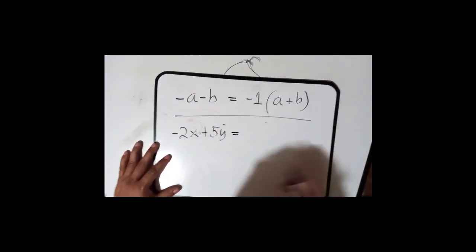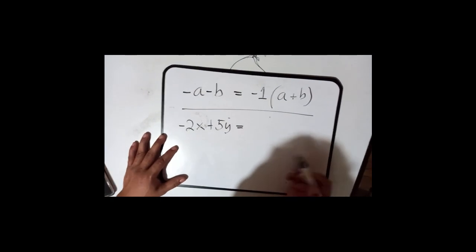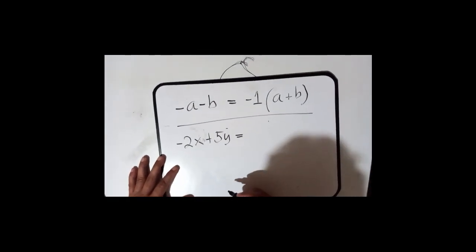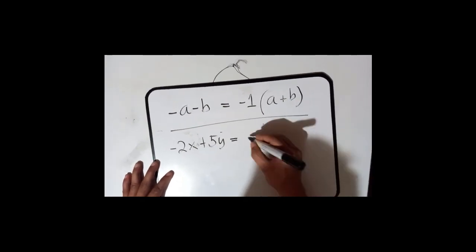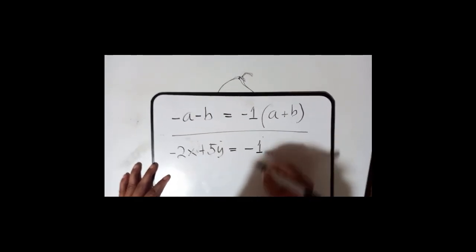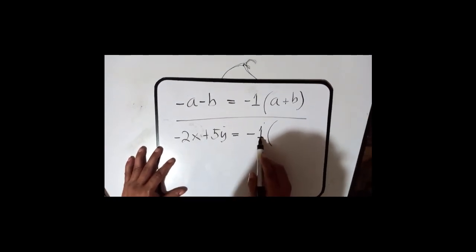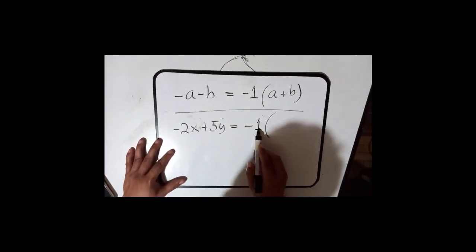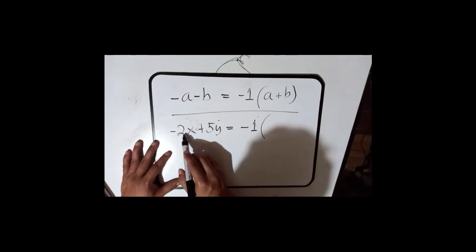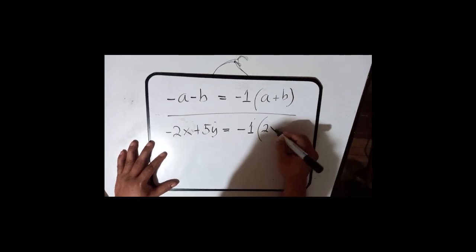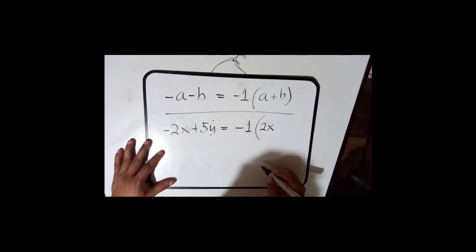Again, if you look at this expression, it looks like there is no factor. But by using negative 1, there is a factor. Again, negative 1. And then, what number should we multiply to negative 1 so that we will have negative 2x? You're correct. So we have positive 2x.